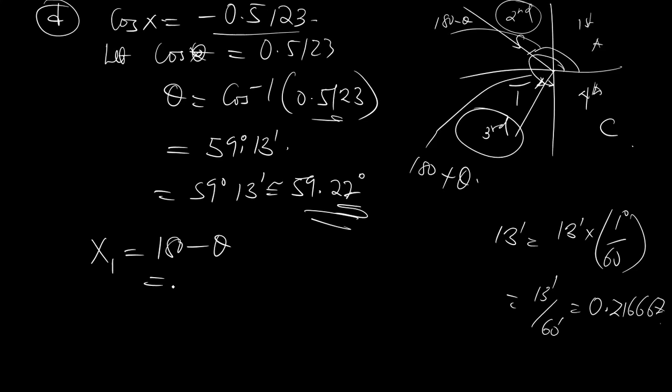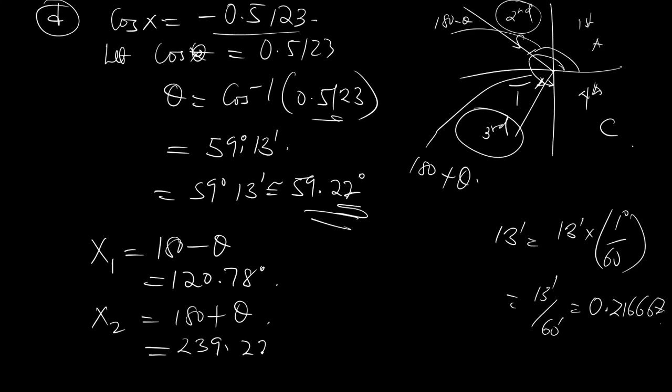This will roughly give us 120.78 degrees. Now for the second one, you have 180 plus theta. So 180 plus theta will roughly give us 239.22 degrees.